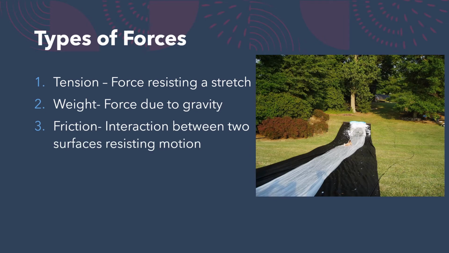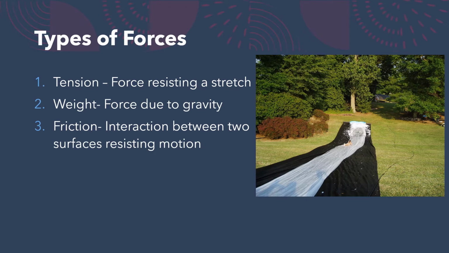Next force is friction. Friction is going to be the interaction between two surfaces resisting motion. So in the case of this giant slip and slide, they've reduced friction by putting a bunch of water on top. But say if you put sand on top of it, okay, you're going to increase the friction. Okay, if you made this like a grass hill, just pure grass, you're going to increase the amount of friction. Okay?